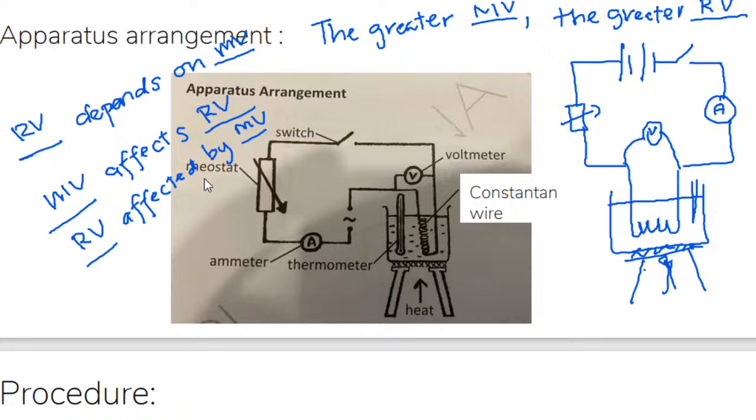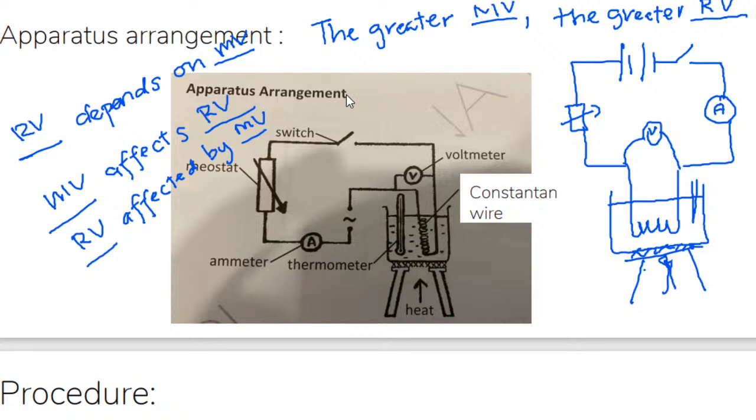Good, Theo. Yes, that is when you use the RV first. Correct. Say you use 'the resistance increases'. Look at Theo's answer: the resistance of the conductor increases as the diameter of the wire decreases.